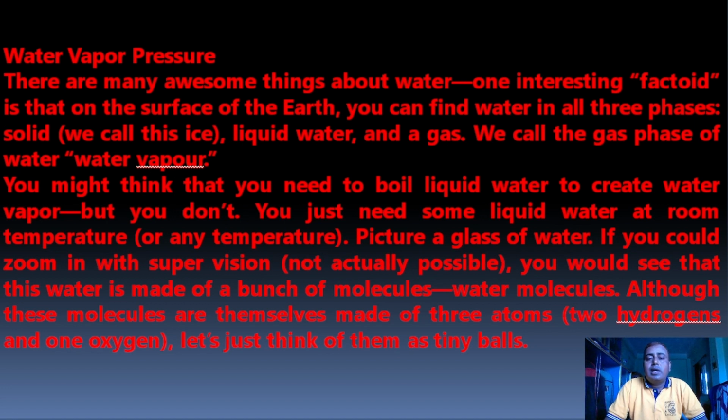Picture a glass of water. If you could zoom in with super vision, not actually possible, you would see that this water is made of a bunch of molecules, that is, water molecules. These molecules are themselves made of three atoms, two hydrogens and one oxygen.